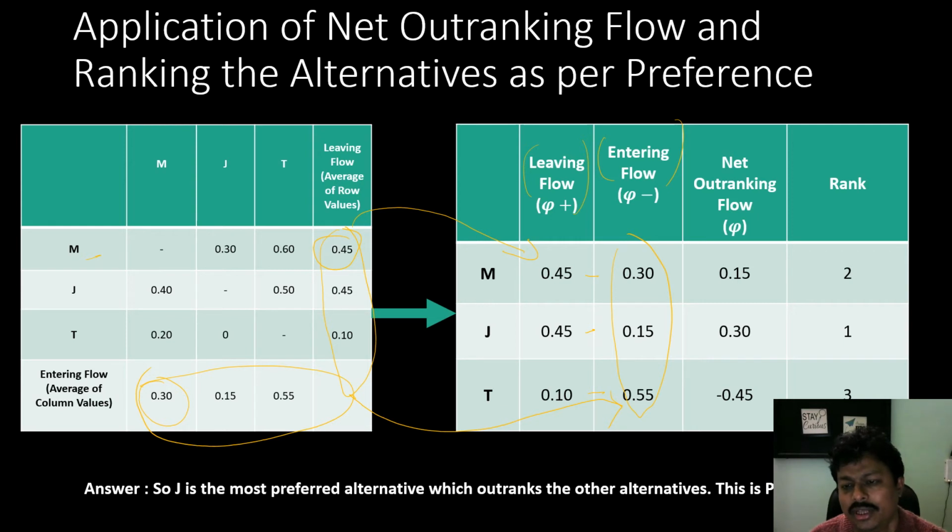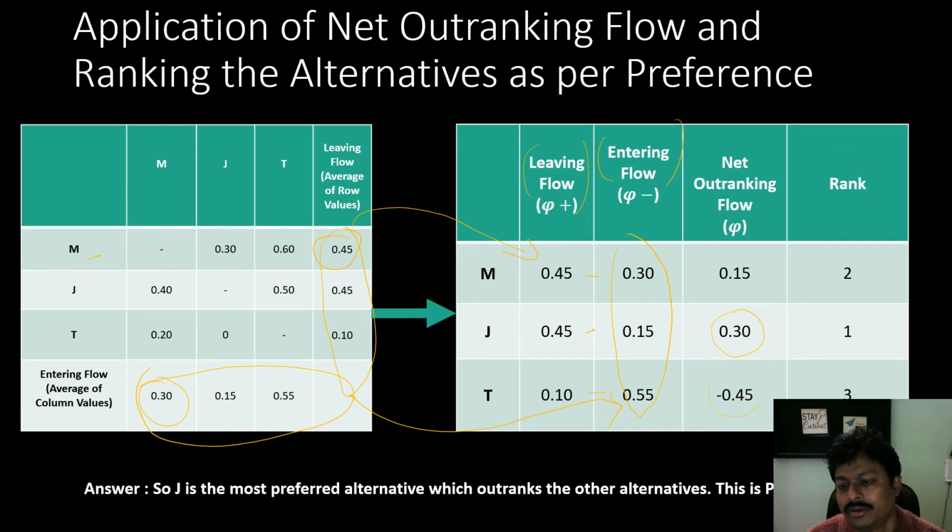Now based on this, you find the maximum value. Here it is 0.30. Remember, in case of net outranking flow, sign is very important, and we consider the impact of sign while selecting the maximum value.